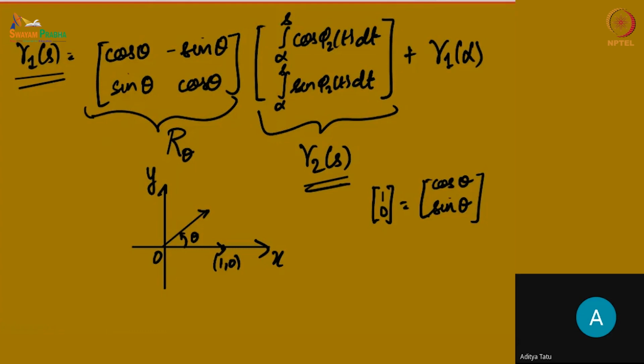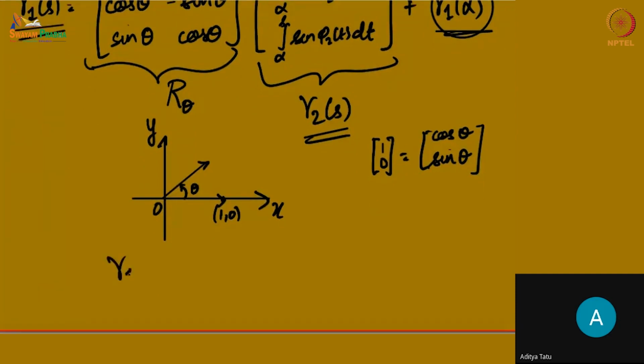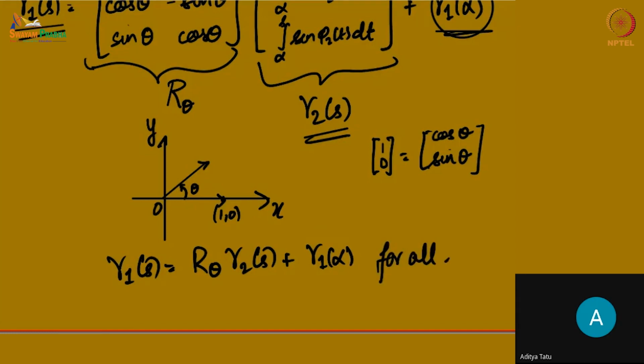Of gamma 2, and when you add a constant vector to all points, right? Remember, this is the relation we have obtained. Plus, let me write the constant gamma 1 alpha. So what does this mean? This relation is true for all values of s, and this constant does not change with s, this matrix remains the same.